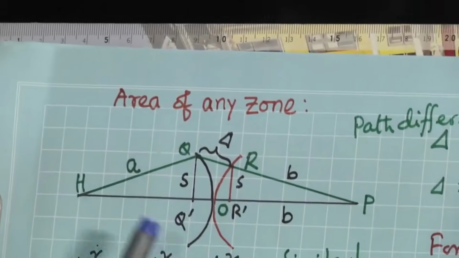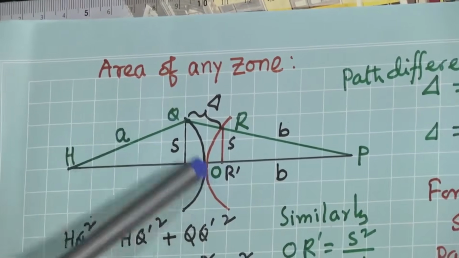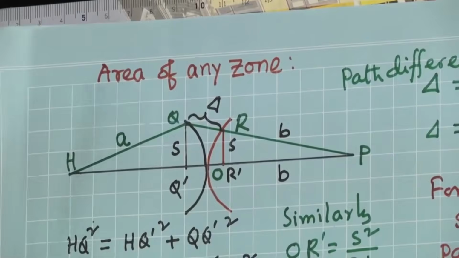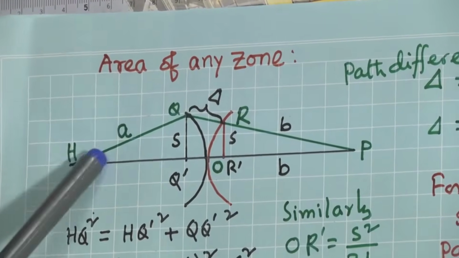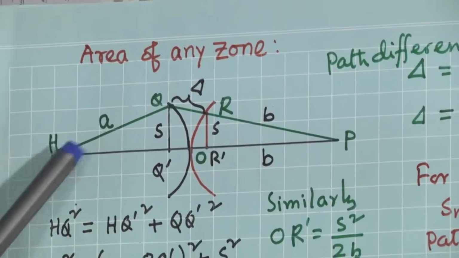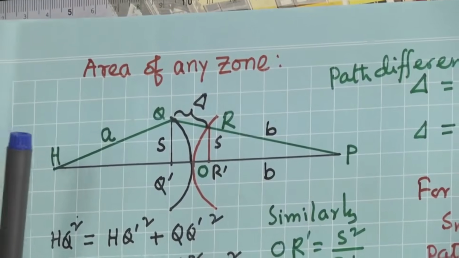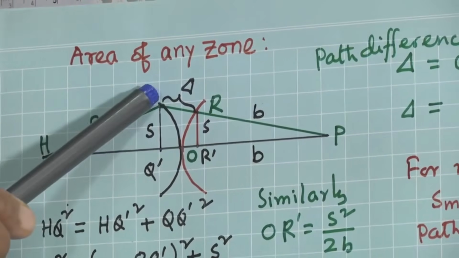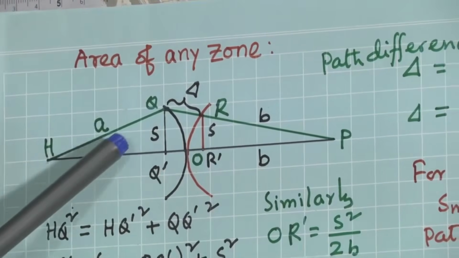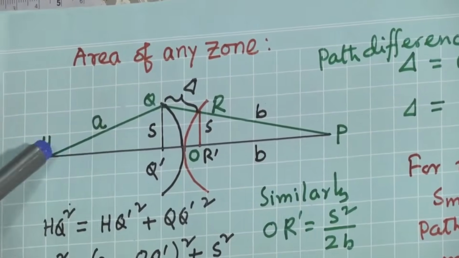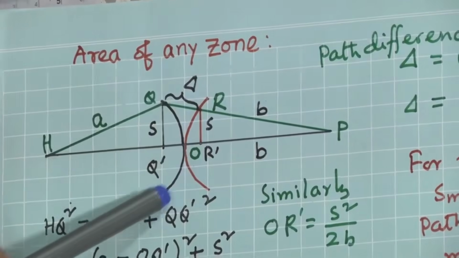Now, here you can see, the source is at a finite distance, so obviously you will get a spherical wavefront. So, this distance, if it is A, this will also be A, and this will also be A. So, they will be in the same phase.